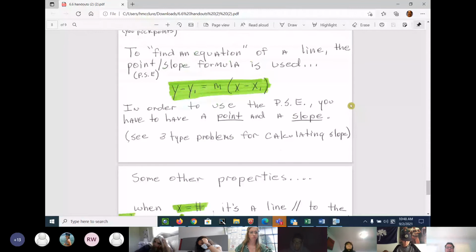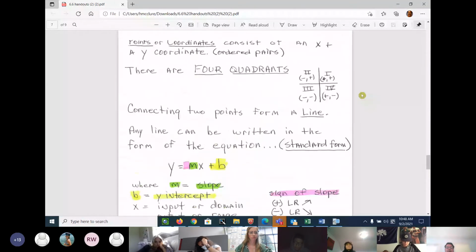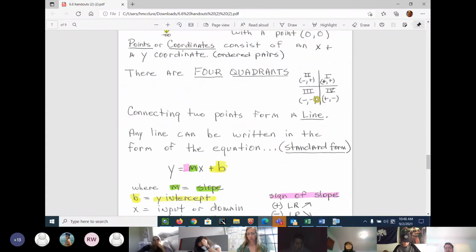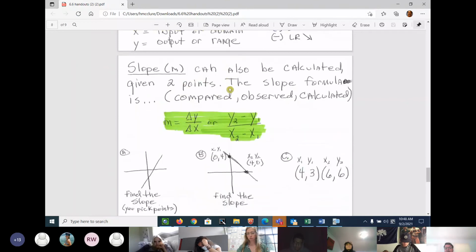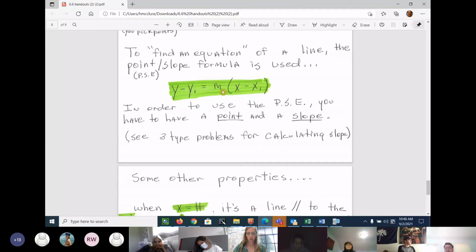Most of you know that you plot point (0, 0) from (0, 0). Most of you know there are 4 quadrants. Most of you know this is the general form of the line. Most of you know how to calculate the slope. And most of you know how to find an equation.